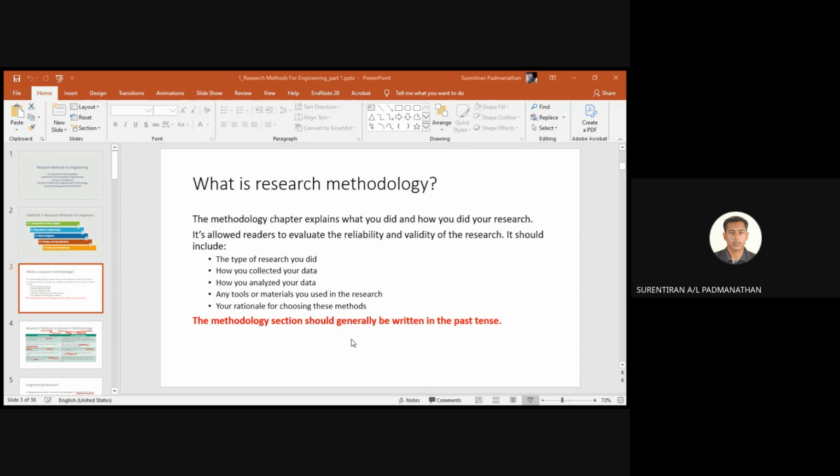The methodology section should generally be written in the past tense. What is the difference between research method and research methodology? The objective of research methods is to find a solution to the research problem.